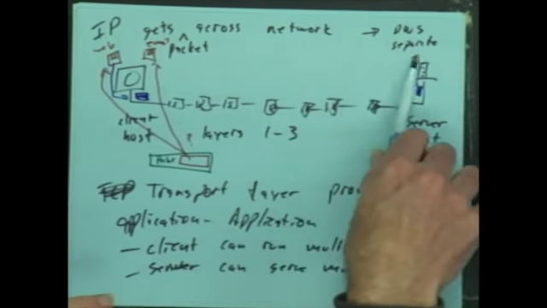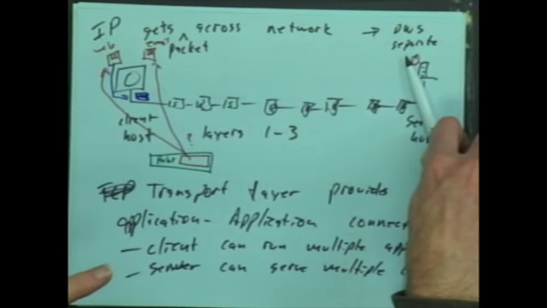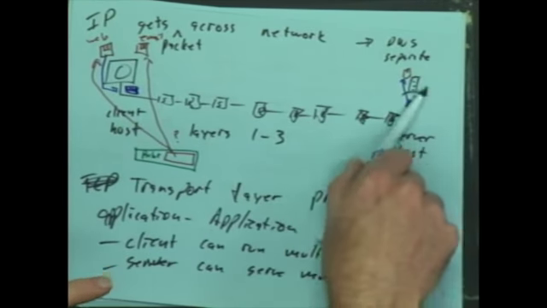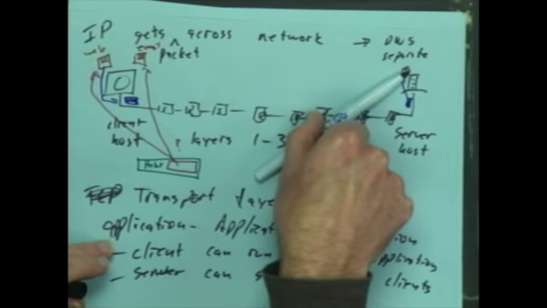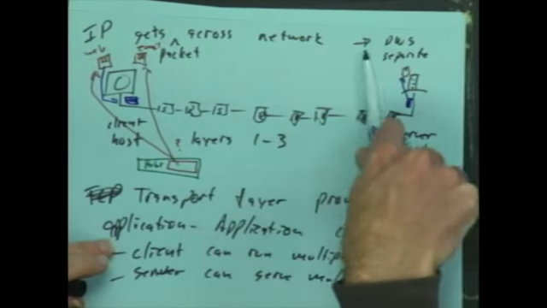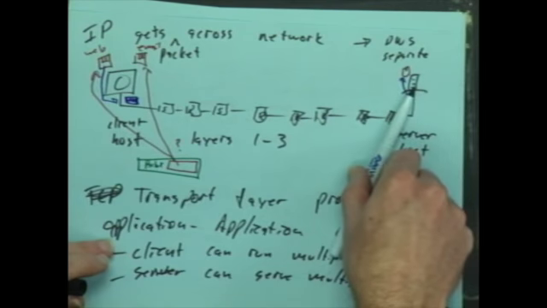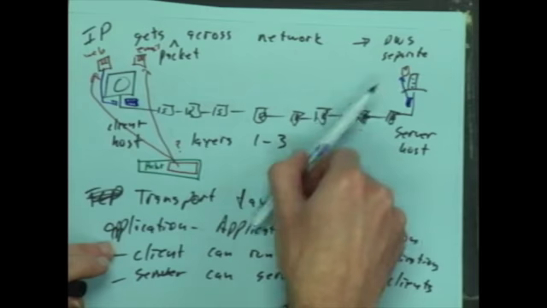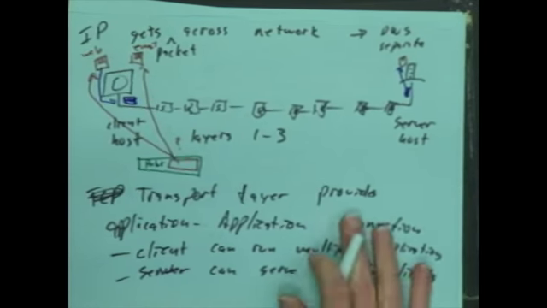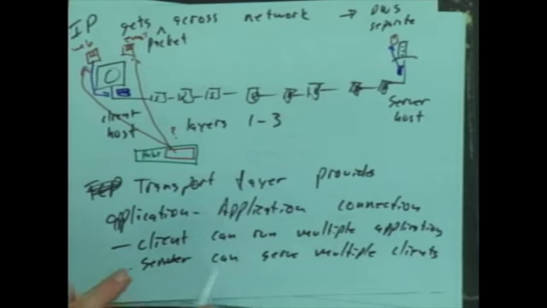So which client gets what data. Are we good here? Everyone that hits CNN.com at the same time is getting a different page back, okay? It's the same computer though, but it has all these different people connected to it. The transport layer is what gets that done, all right?